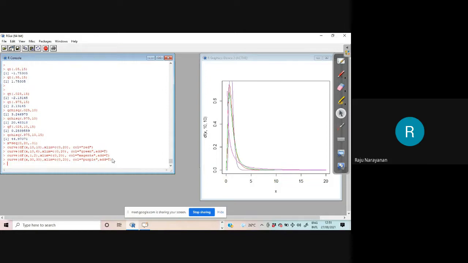Yeah, you can see for different degrees of freedom, the shape is different. Shape is different means what? Area is different. Area different means what? Probability different. Okay, you can see all those things.